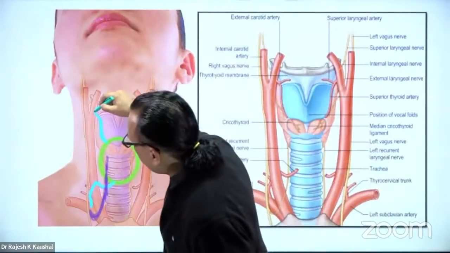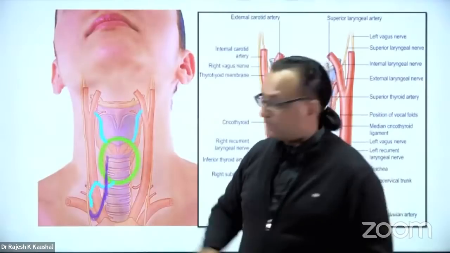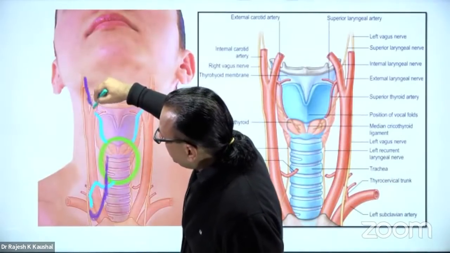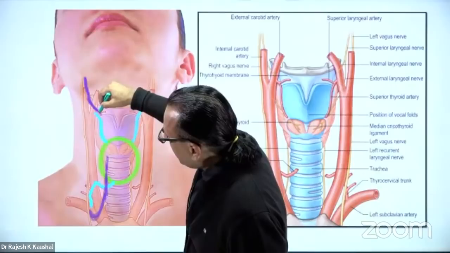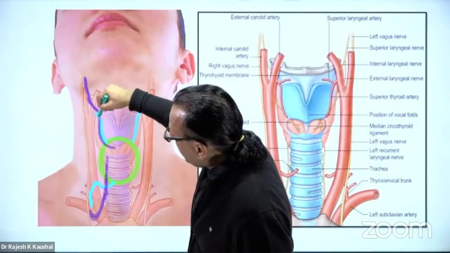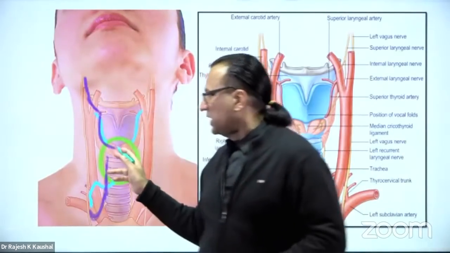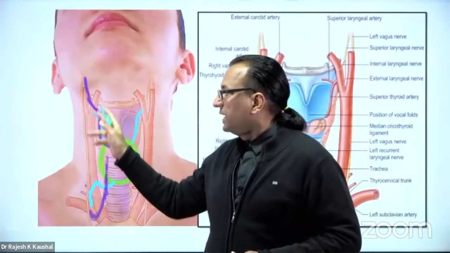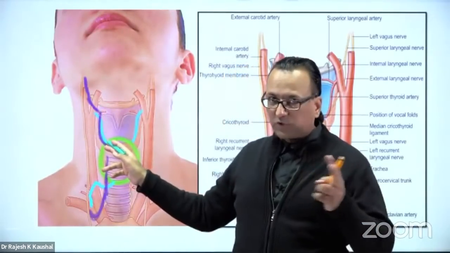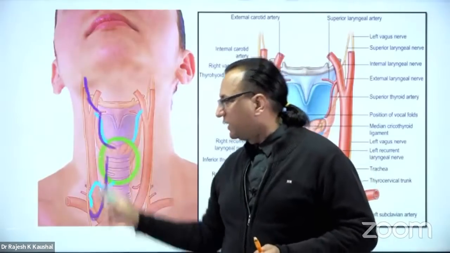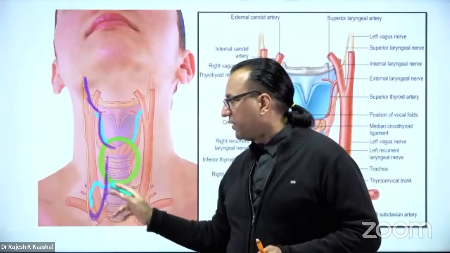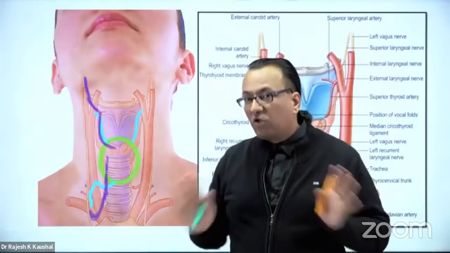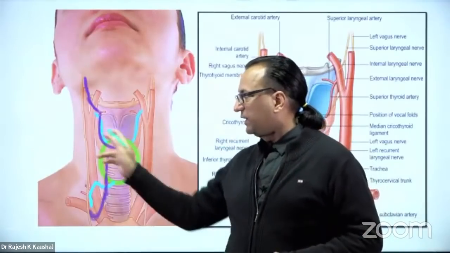And the superior thyroid artery comes in close relation with the branch of vagus, which is the superior laryngeal nerve, actually giving the external laryngeal nerve to supply a muscle of the larynx, the cricothyroid muscle. So the point is, since the external laryngeal nerve is going close to the superior thyroid artery and the recurrent laryngeal nerve is going close to the inferior thyroid artery, where should you ligate these arteries and not damage these respective nerves?